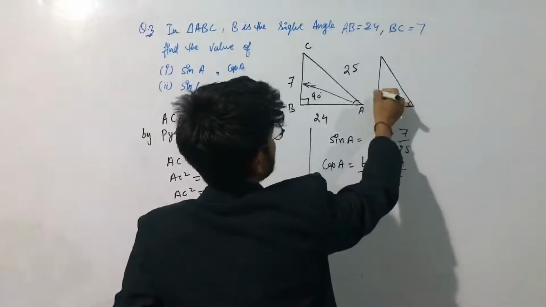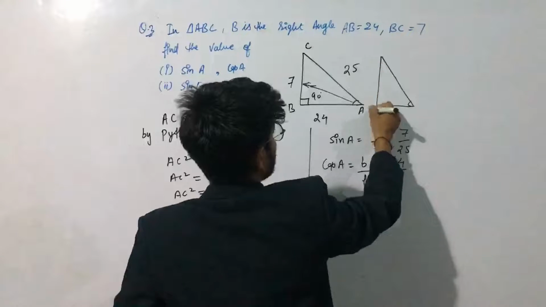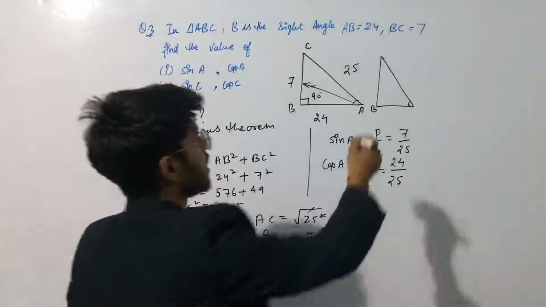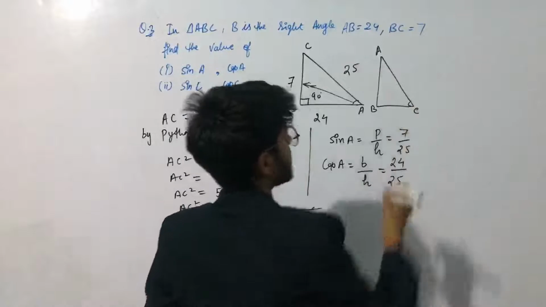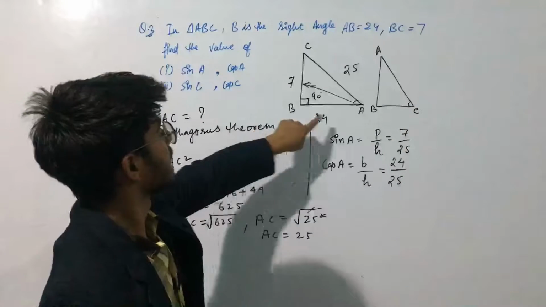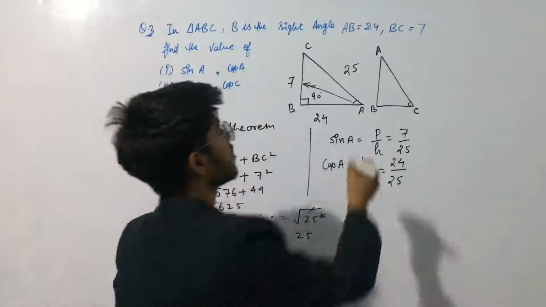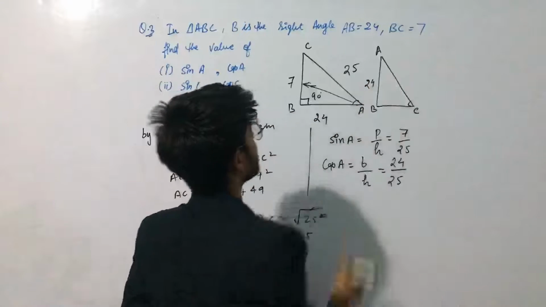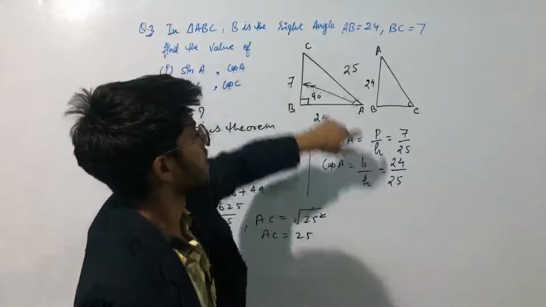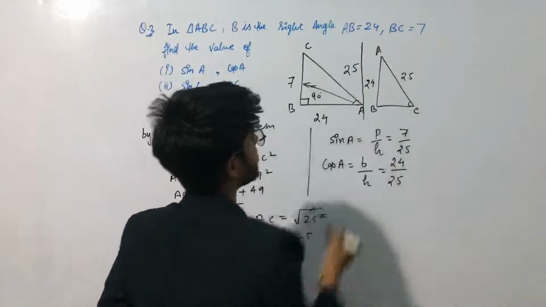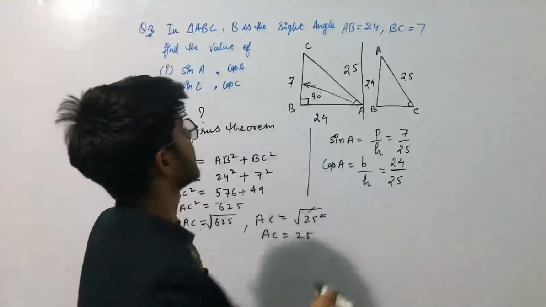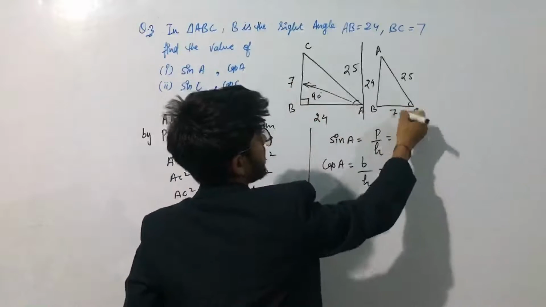Angle is C, B is the right angle, and A. So AB is 24, AC is 25, and BC is 7.